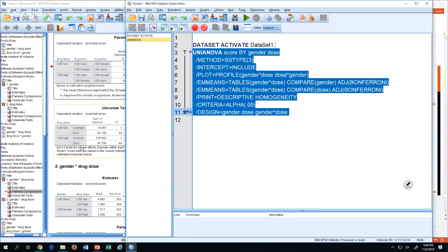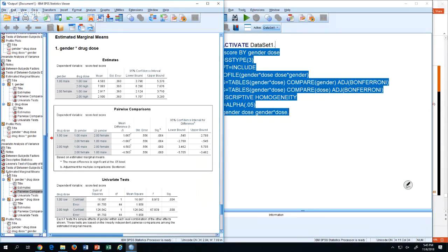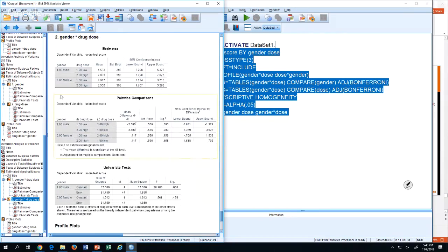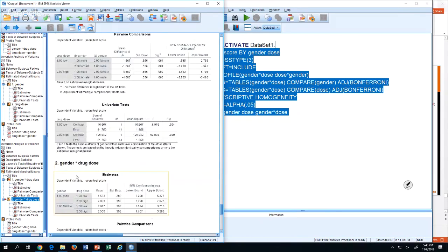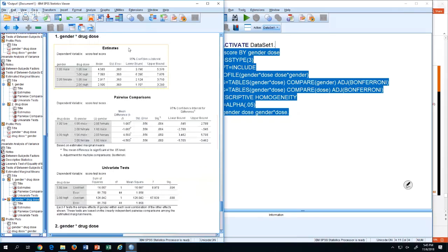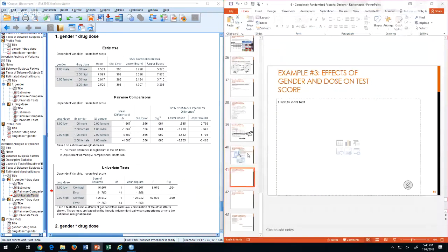Good. You got it. Okay, so on the left-hand side, you see that you have these estimated marginal means, and you have gender, and then you have dose. So the first one, remember I told you it gives you this information backwards. So the first thing is the univariate test. That's what your first interest is.